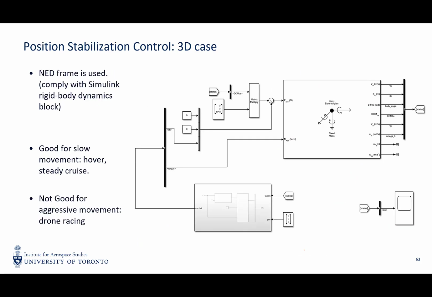Based on that assumption, we can build a control structure in Simulink, and here is a test case built in Simulink. This is good for slow movement, such as hover and static cruise, but it is not good for aggressive movement, such as drone racing.